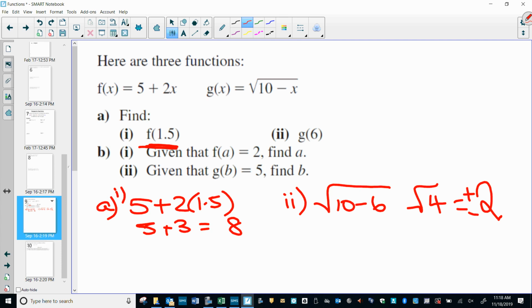The square root of 4 can be both positive 2 or negative 2, because negative 2 multiplied by negative 2 is 4, as is positive 2.